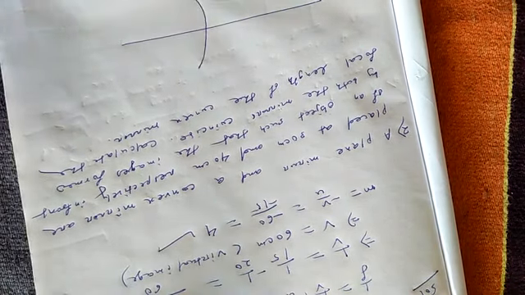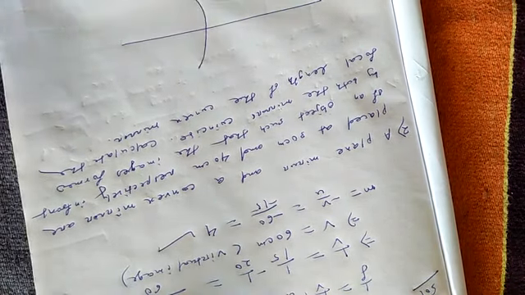For the plane mirror, object distance is equal to 30 centimeter, and you know object distance is equal to image distance. So image distance will also be 30 centimeter.